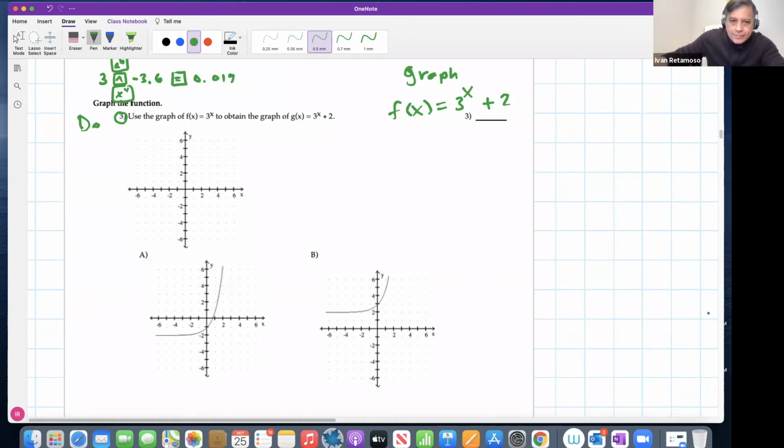The hint is start with this graph. Start with something that you know, this graph, and then do the shift.